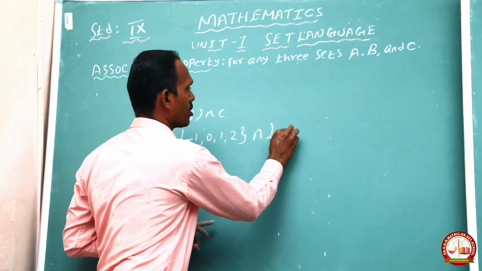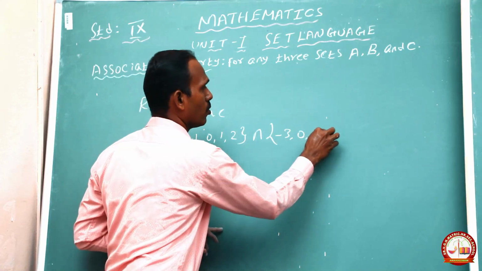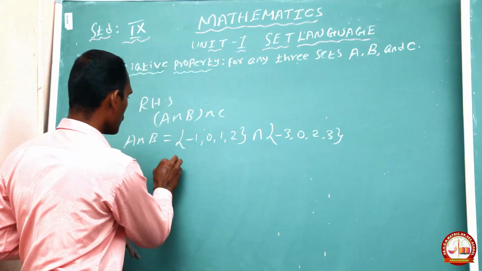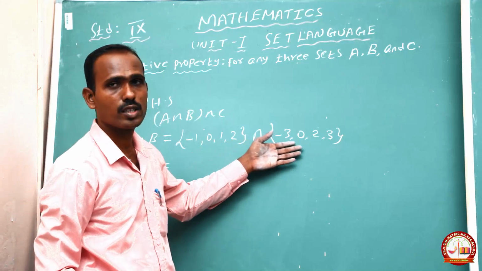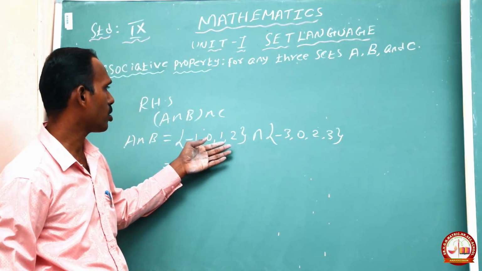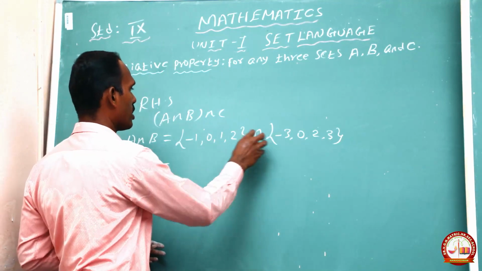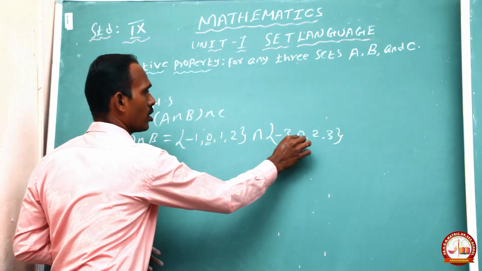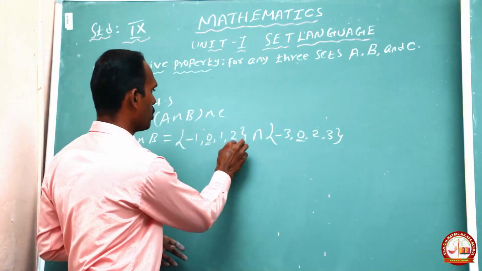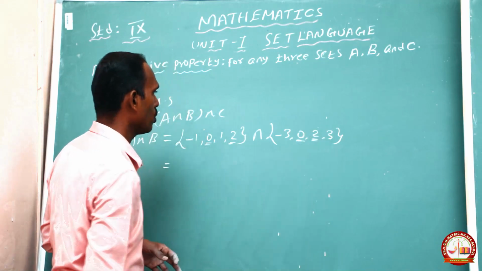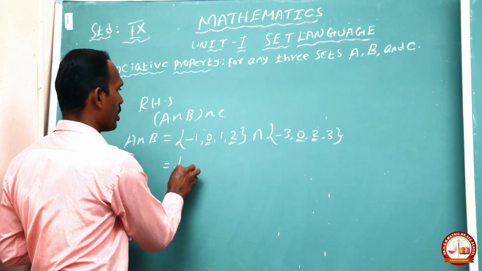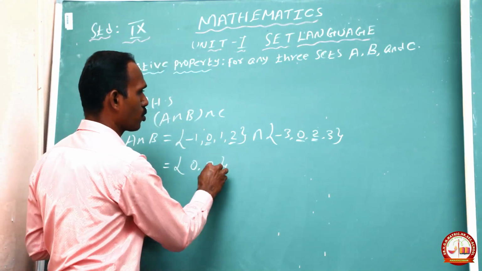What is B set of elements? -3, 0, 2 and then 3. So intersection means, as we already know, the common elements in both the sets. What are the common elements here? 0, here is also 0, and then 2, here is also 2. So the common elements are 0, 2.